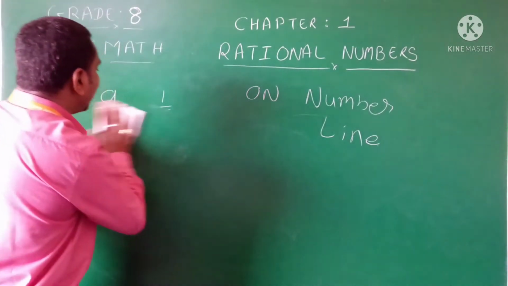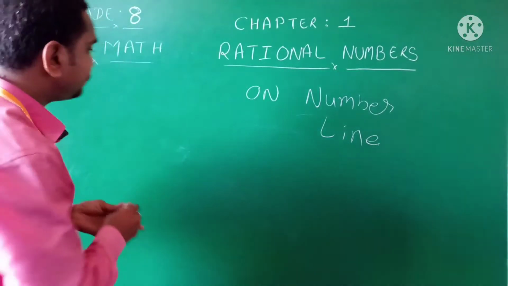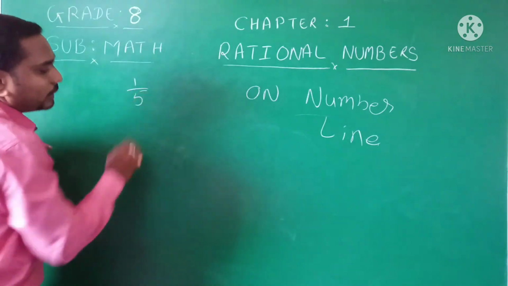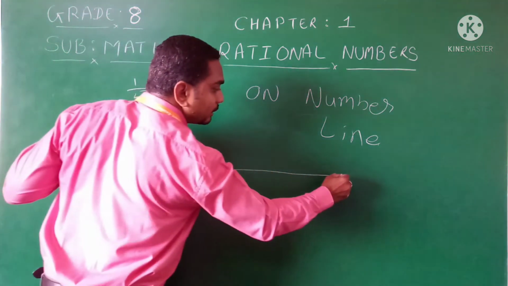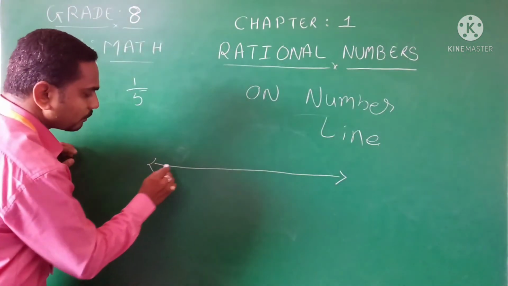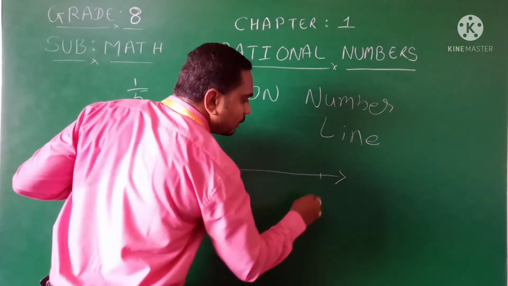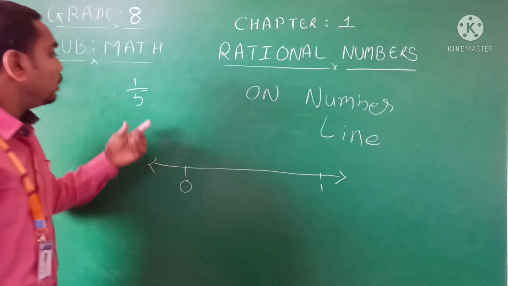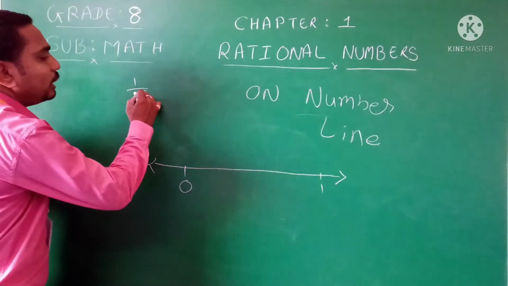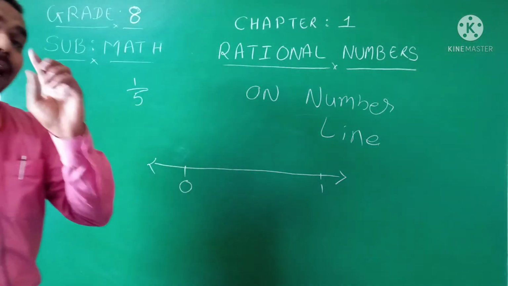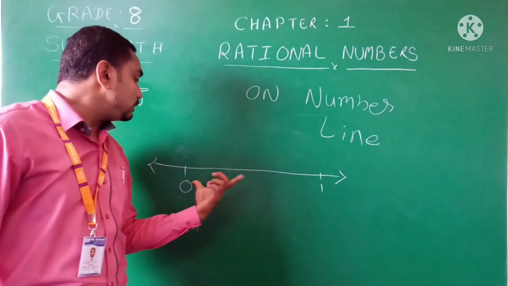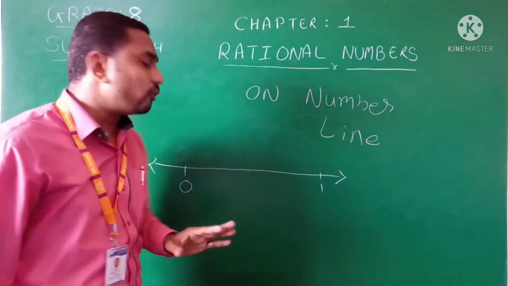So I am just drawing a number line. Here I am marking 0. Here is 1. Now the denominator is 5, so we need to divide this 0 to 1 into 5 equal parts.